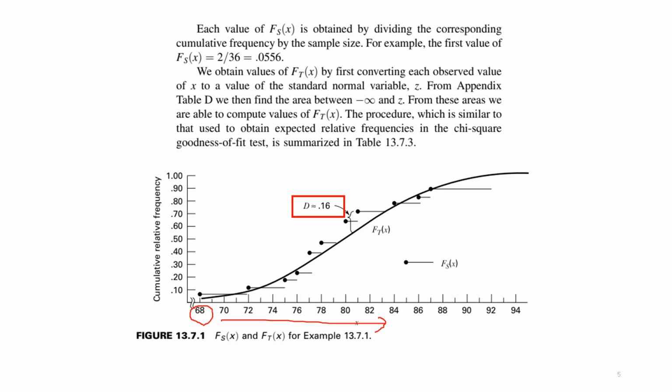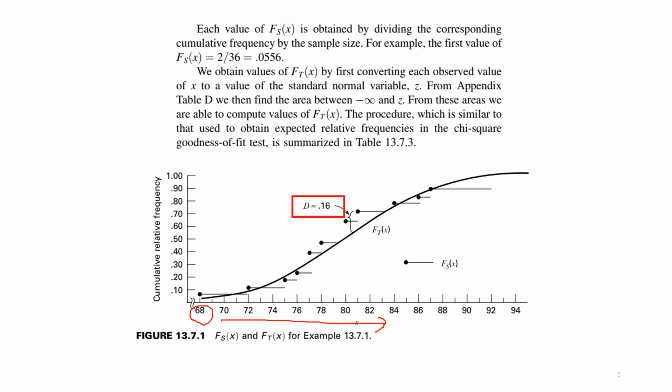The dot is here, and the next is 75. Until we reach 75, this probability continues. That's why it looks like this, not like a continuous line, because we have to calculate the probability at every point. In this case we are looking at the difference.